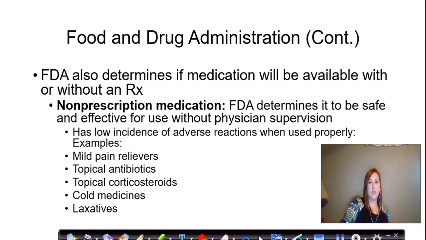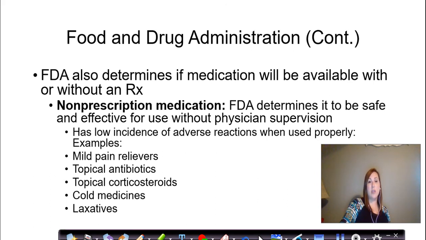The FDA also determines if a medication, we talked about that, is available with or without a prescription. For a medication to be determined safe without a prescription, it has to have a low incidence of adverse reactions when used properly.